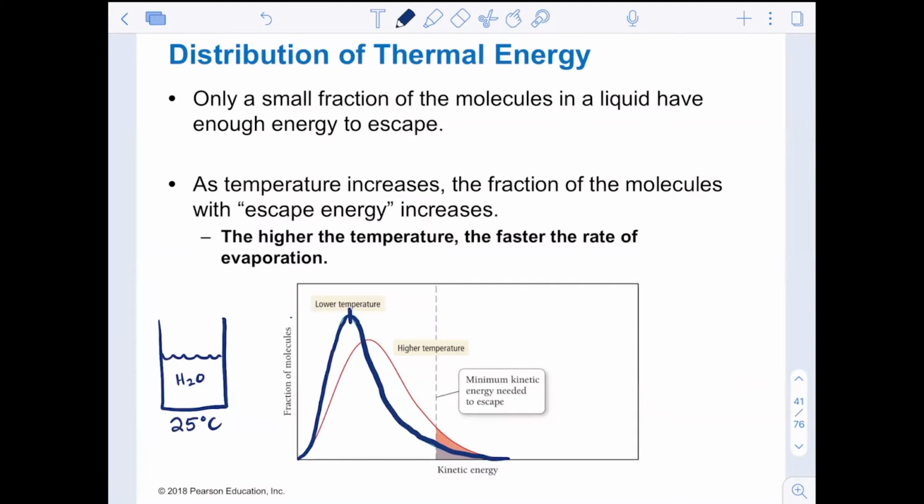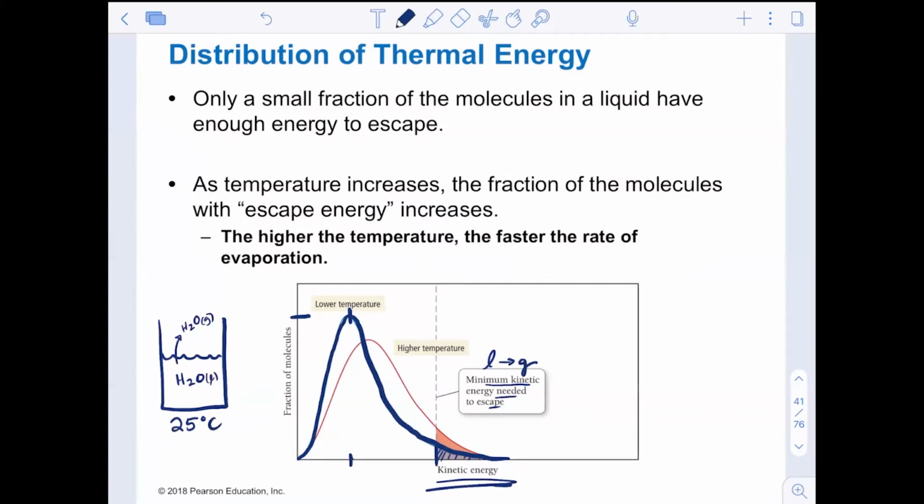The fraction of molecules at this amount of kinetic energy is the average kinetic energy, okay? Now, let's imagine this right here is the minimum kinetic energy needed to escape, needed to go from a liquid to a gas. And so this amount right here of molecules has enough energy. We are getting some water molecules to pop out from the liquid to the gas.